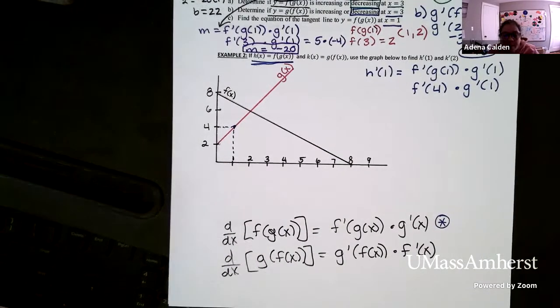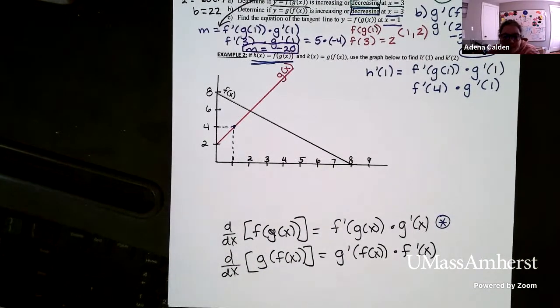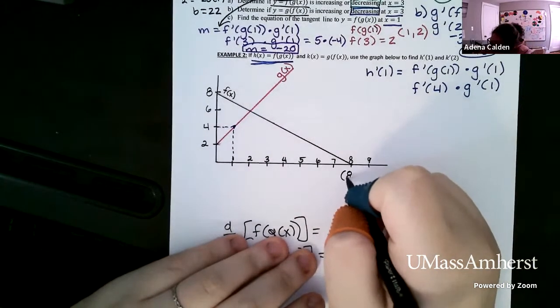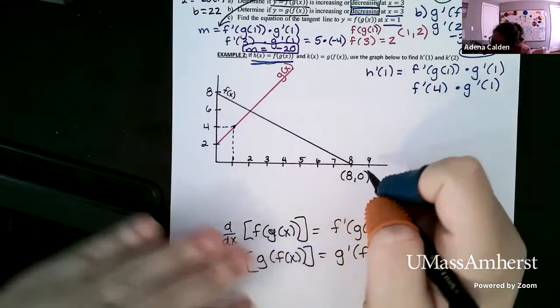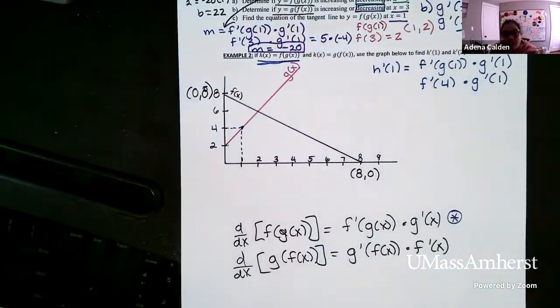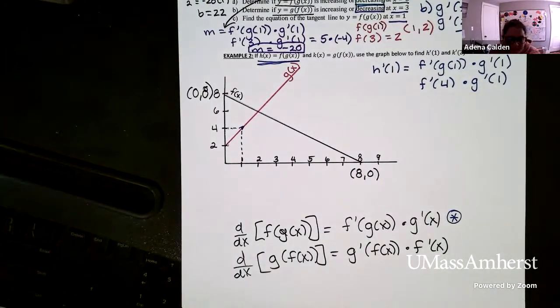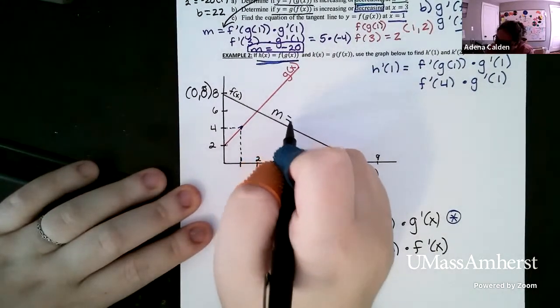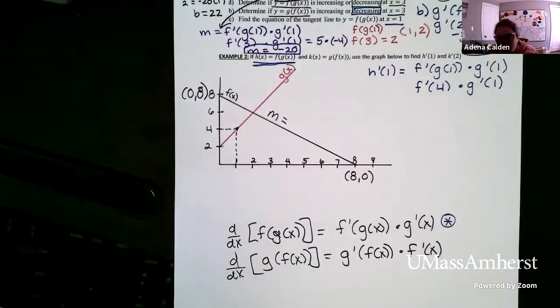Okay, so to get the slope of the f function, I need to pick 2 points on the function. And so here I see the point (8, 0) and the point (0, 8). Those seem the most convenient to me. You can pick any 2 points on the line, and that's totally fine. So to find the slope, I'm going to do the change in y over the change in x.